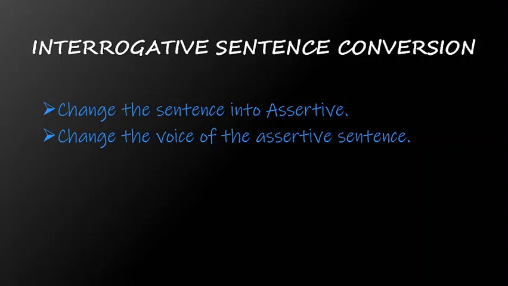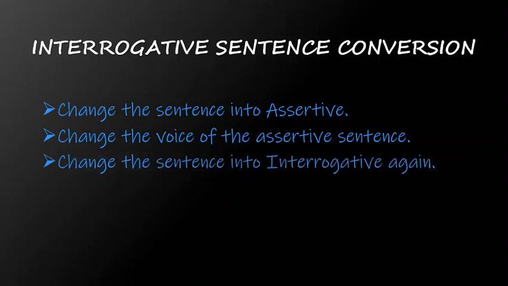Once it is done, bring the auxiliary verbs, whatever verbs you have used at the beginning, and convert it into interrogative again. Simple as that. I know that I have laid down three basic points, but once you start doing it, you will see that it is an automatic process and you do not need to individually break the sentences into these three steps. You can easily, what we say in mathematical terms, you can easily step jump.